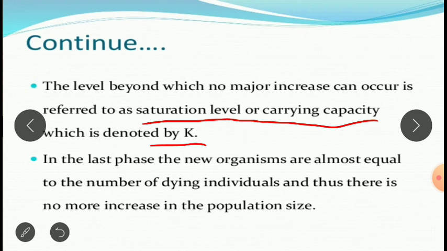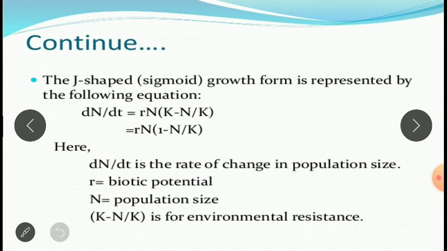So the population size will finally be maintained due to the limited resources. And that level is known as the saturation level or the carrying capacity. So this sigmoid curve is going to be the one accepted in the environment or the ecosystem.